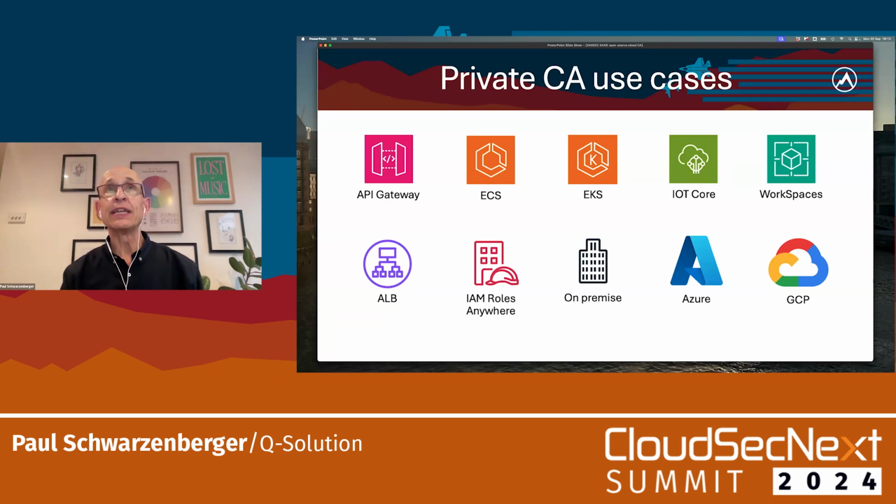So there are some of the private CA use cases, and for several of these, I've written detailed blog posts showing a step-by-step guide to how to do that integration with our private cloud open source CA. In particular for API Gateway, ALB, and IAM Roles Anywhere.